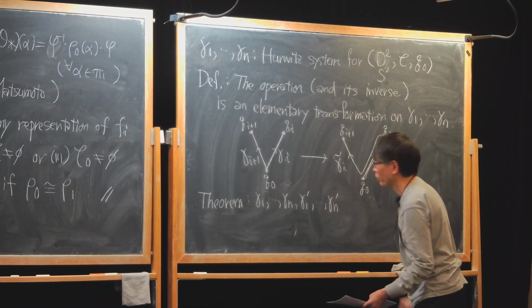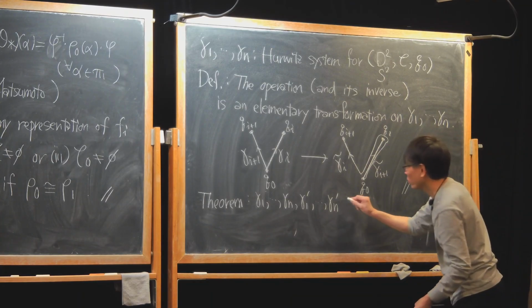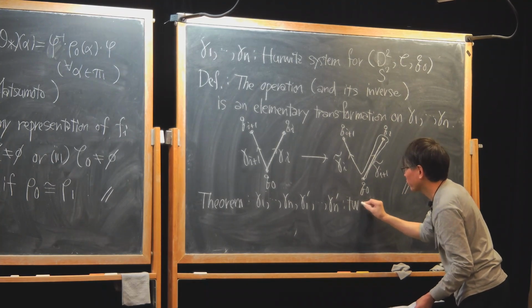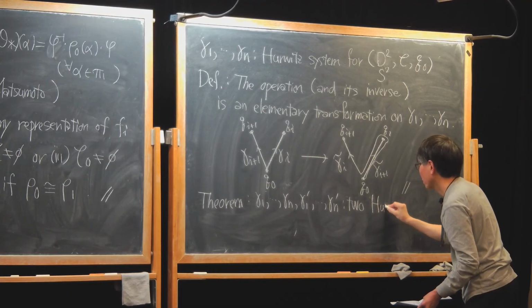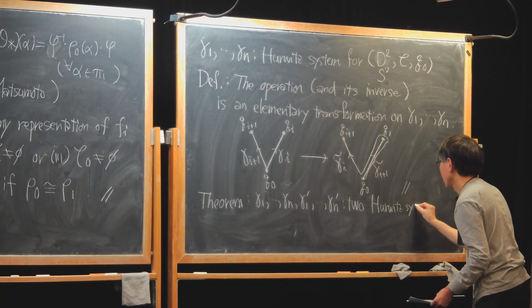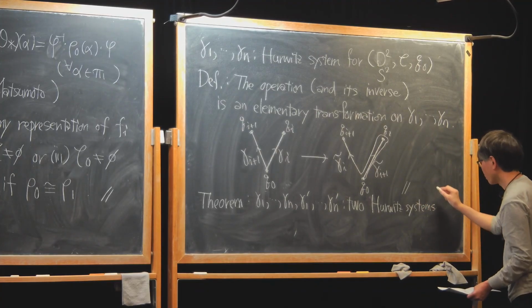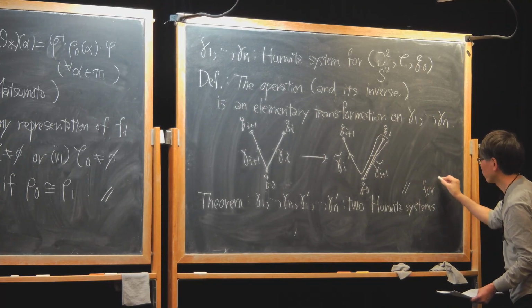So let gamma_1 to gamma_n and gamma_1 prime to gamma_n prime be two Hurwitz systems for the triple.